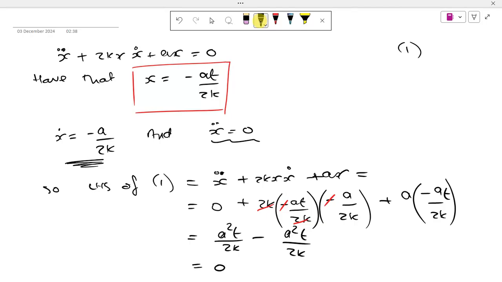So therefore, substituting x dot equal to minus a over 2k and its derivative x double dot equal to 0 back into the left-hand side of equation 1 yields 0 as necessary and required.